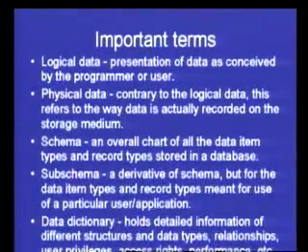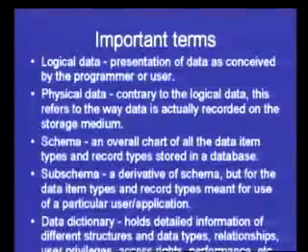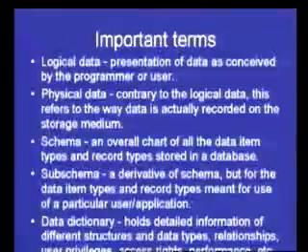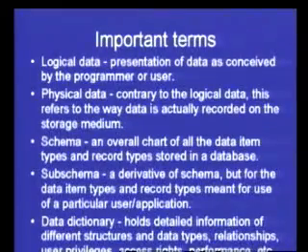Schema is an overall chart of all the data item types and record types stored in a database. Then comes subschema, a derivative of schema but for the data item types and record types meant for use of a particular user or application. Data dictionary holds detailed information of different structures and data types, relationships, user privileges, access rights, performance, etc.